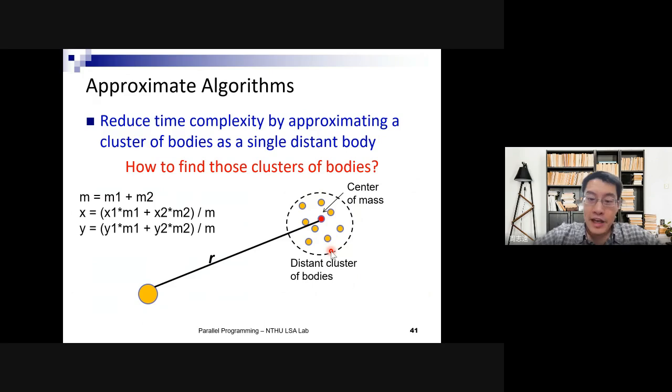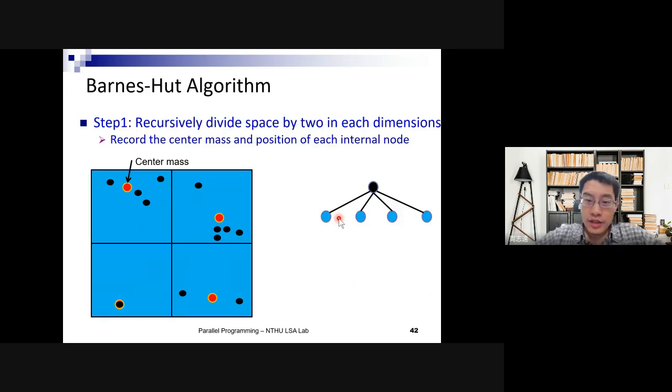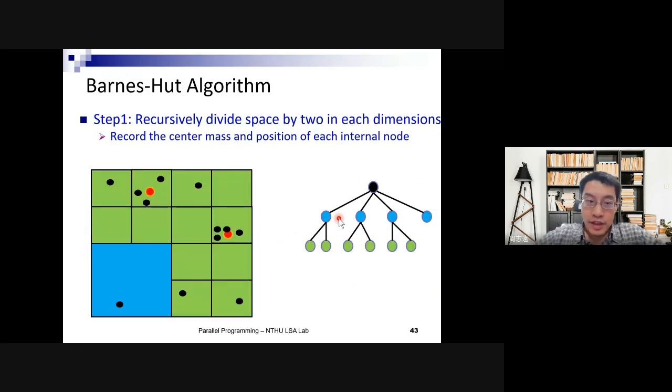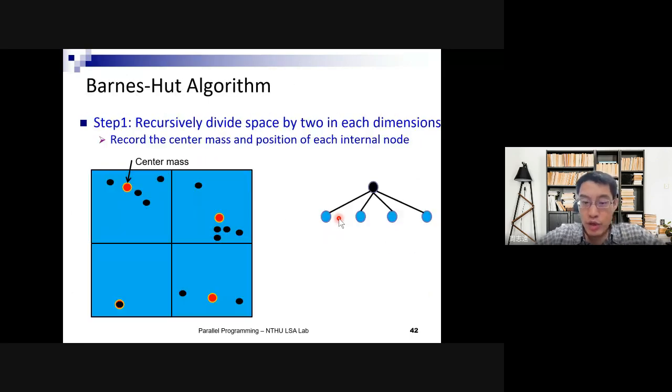And the ratio between r and L, of course, becomes a threshold, a parameter in our approximation algorithm. Because if we want the ratio to be larger, then that means we have a stricter condition for approximation. Okay, all right. So that's the idea. So basically, we need to determine the relation between r and L.